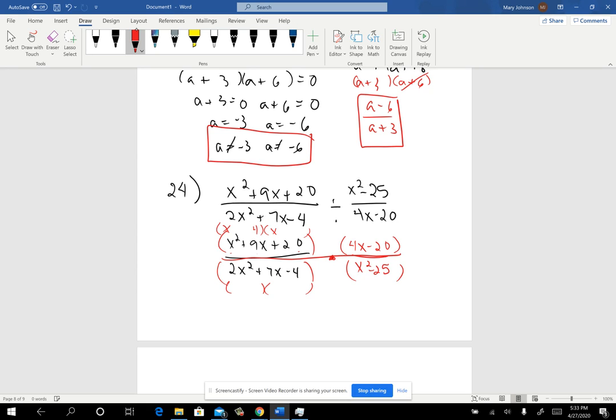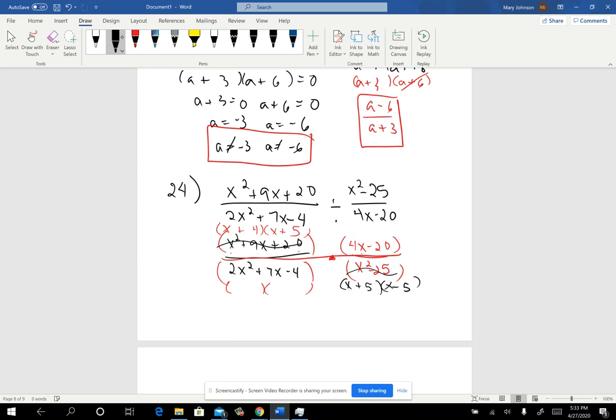We're going to use a 4 and a 5, so we have x plus 4 and x plus 5. I would start with that one because it's the easiest to factor. Then I'd look for the next easiest one, which I think is this one down here: x plus 5 and x minus 5. So I got those two factored.